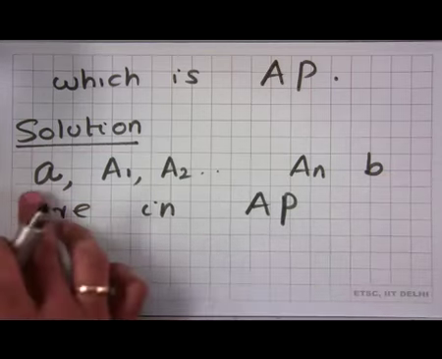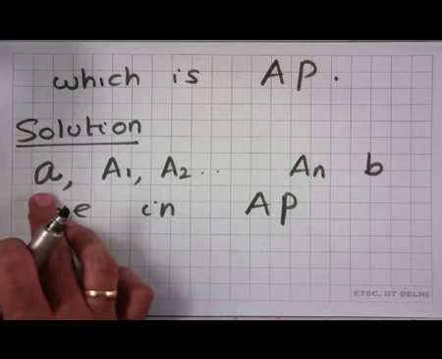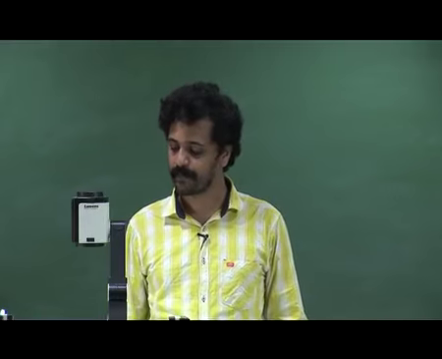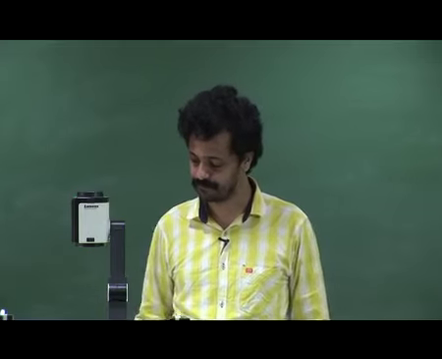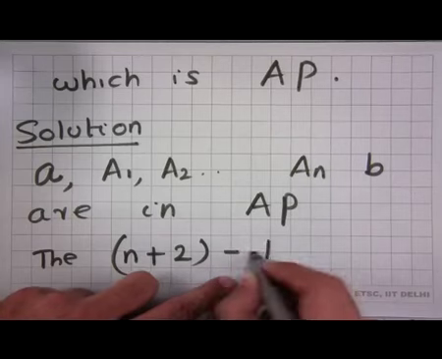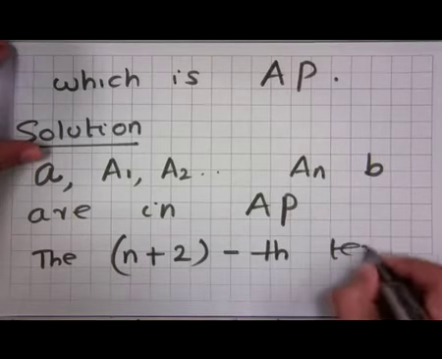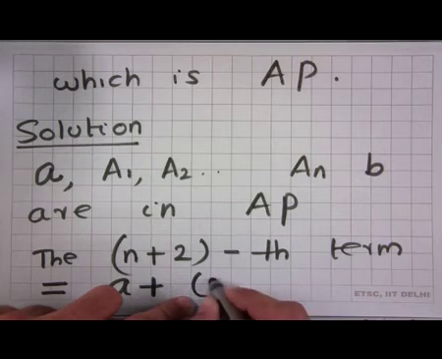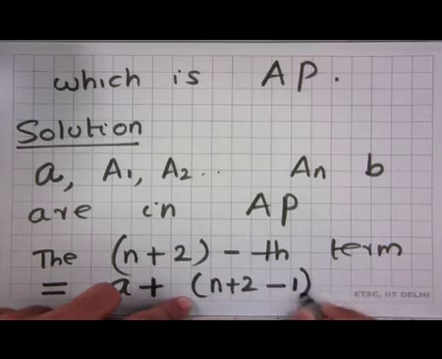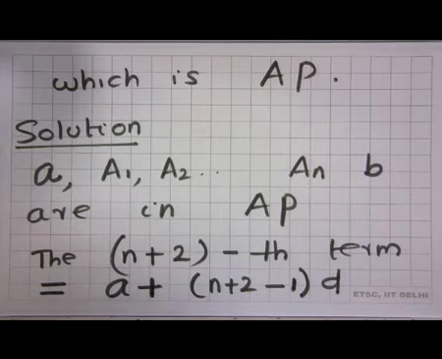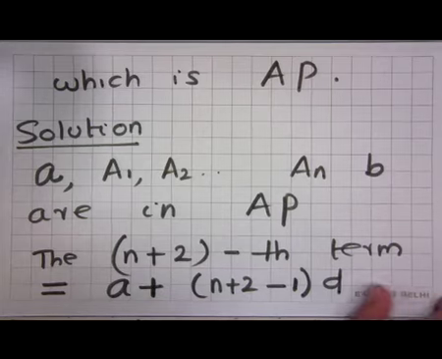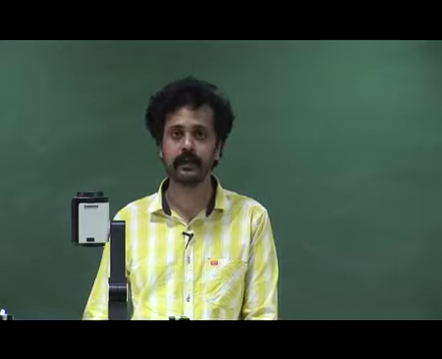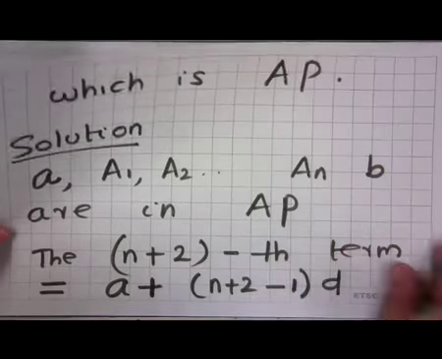Recall, given the first term small a and common difference d, the (n plus 2)th term can be obtained using a formula. The (n plus 2)th term by formula is a plus (n plus 2 minus 1) into d, where d is the common difference of the AP for which these n plus 2 numbers should become consecutive terms.